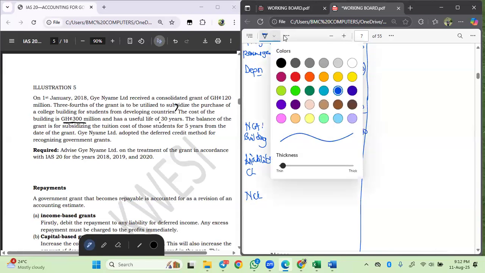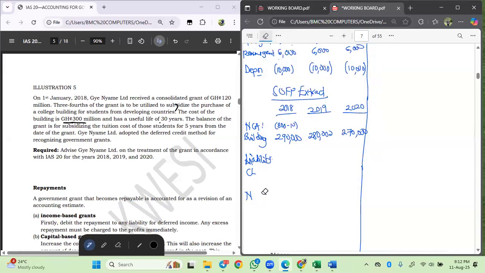For the current, first of all, let me bring the revenue grant. We also have the capital grants. Non-current, we have revenue grants, and capital grants.